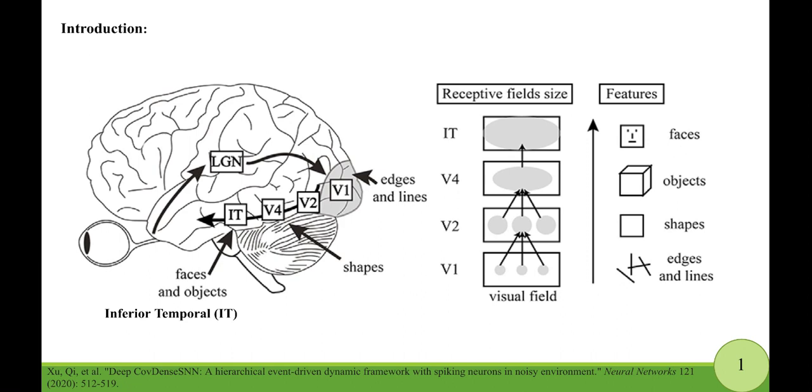To give you an introduction, when we see an object as humans, we can immediately identify what the object is, no matter how distorted, no matter the position, lighting, or many other sorts of noise or variations. We can effortlessly identify those objects.